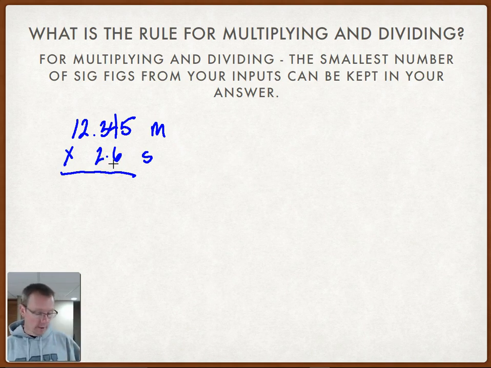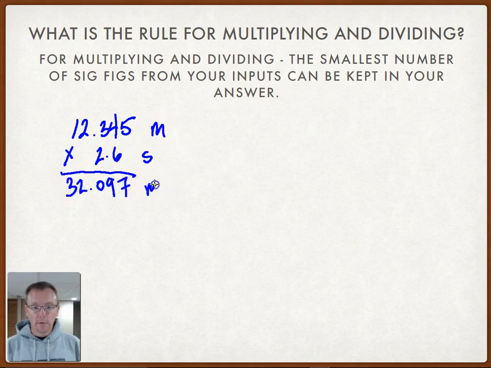I'm actually going to cheat a little bit and do it on my calculator phone thing here. 12.345 times 2.6 gives me 32.097. So my answer is this. In math class, everything's great, no problems, I'm done, turn it in.